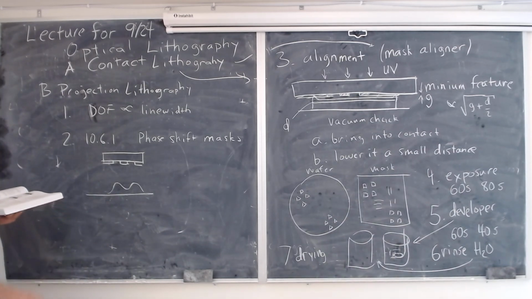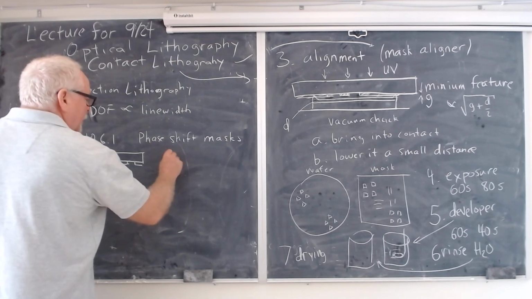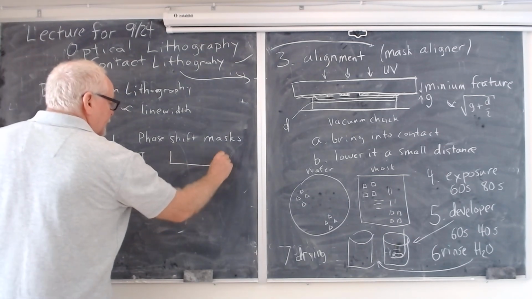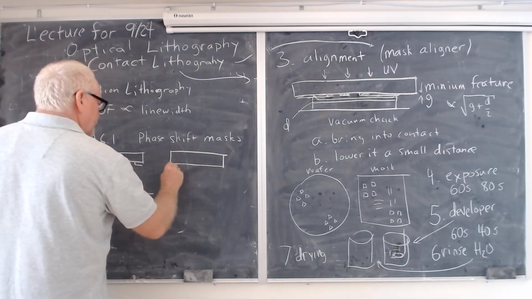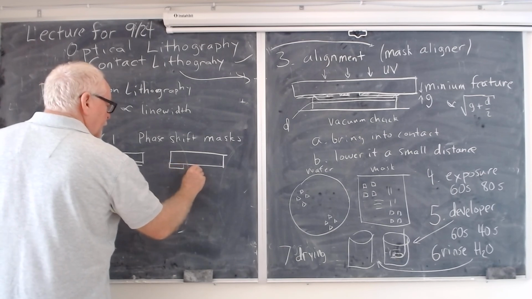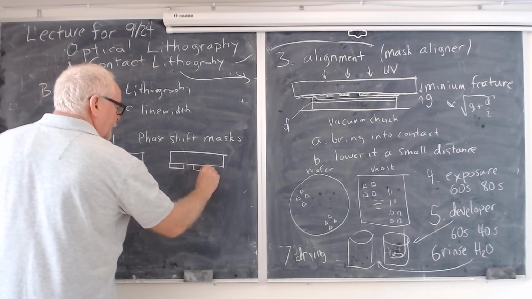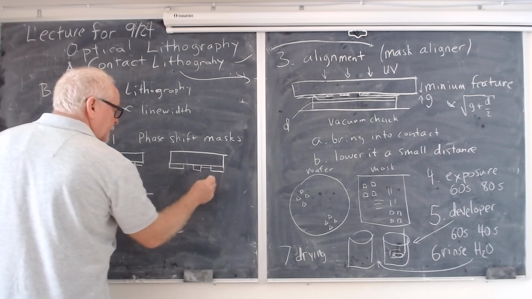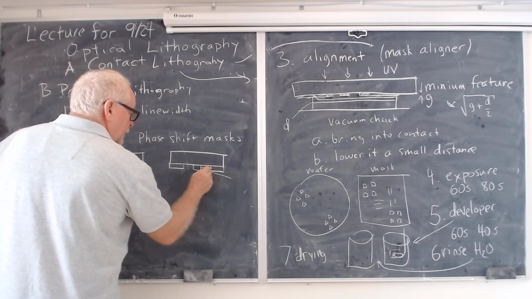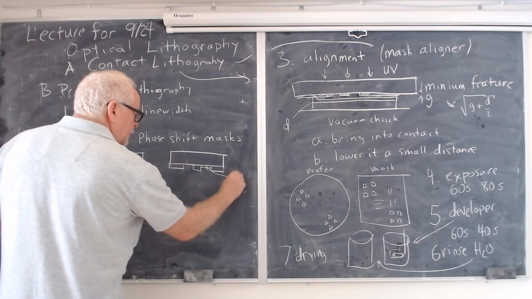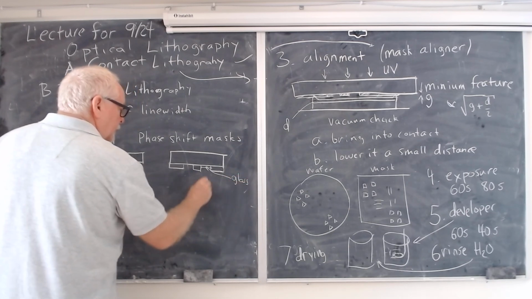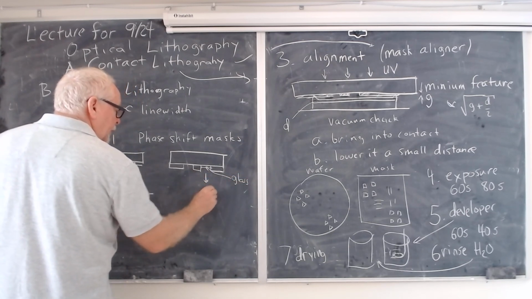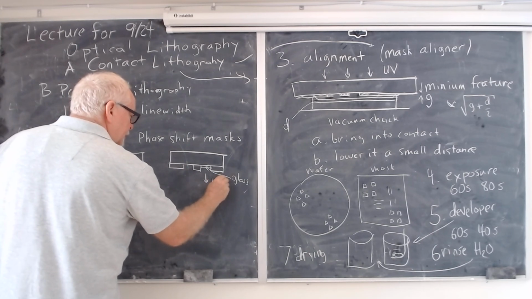Now, a phase shift mask is a neat thing because basically you make your mask with those openings, but you've designed on this one a layer of dielectric glass such that the light coming out here is 180 degrees out of phase.